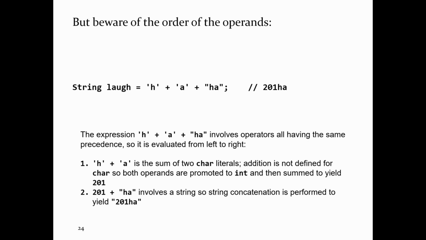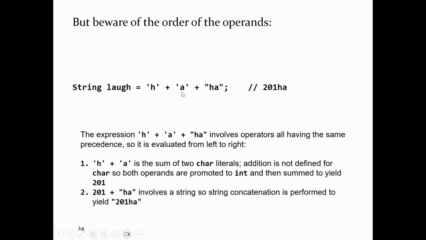Okay, so you have to be careful about how Java evaluates expressions, though. I told you string plus anything gives you a string, but remember, with plus and plus, what order is it going to evaluate this expression in? It's all plus, so the precedence of all the operators is the same, so it's going to go left to right.